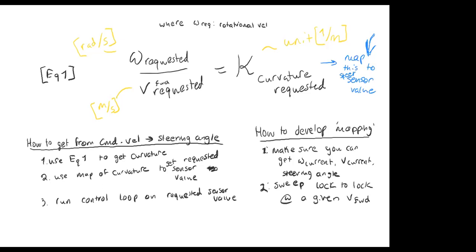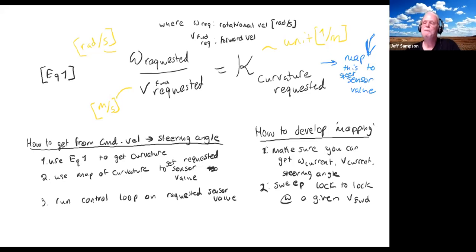So just sweep through the duty cycles, collect your data, that's your map, and then just do a binomial fit or a Gaussian, whatever, and you'll be able to stuff in a curvature, and the duty cycle will pop back out. Okay.